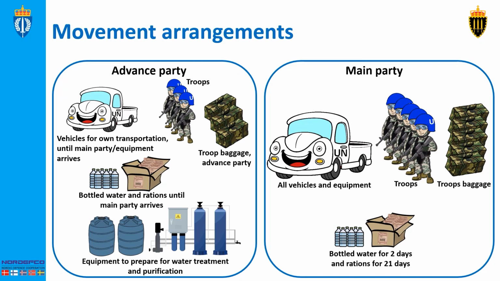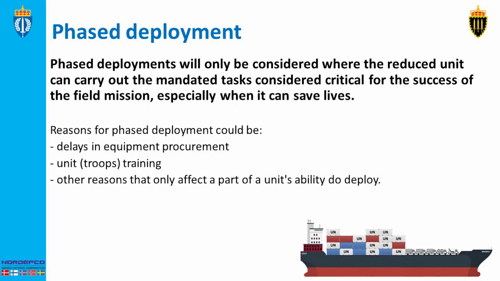As we can see in this slide, the troop or police contributor during the advance party must deploy equipment for water treatment and purification. The United Nations will, under certain conditions, accept that the troop or police contributor will be deployed in several phases. This slide describes the main reasons where phased deployment may be accepted.